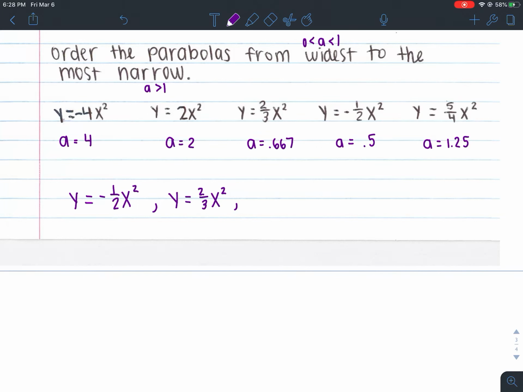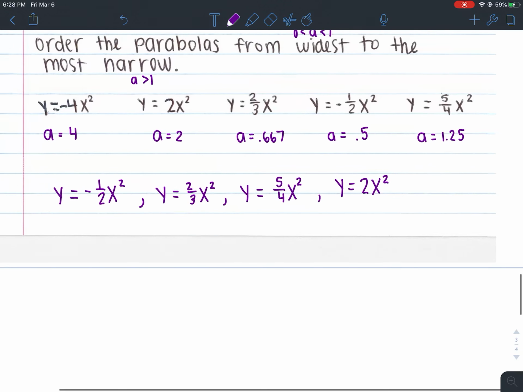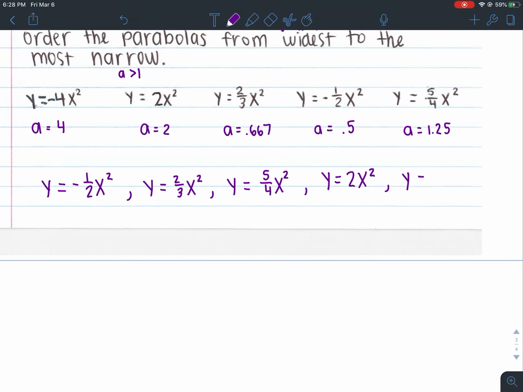What's the next lowest number? Well, the next one is going to be 1.25, so it's going to be y equals 5/4 x squared. And then I have this one here, because that's the next biggest A value, y equals 2x squared. And then I have the last one, which is y equals negative 4x squared.